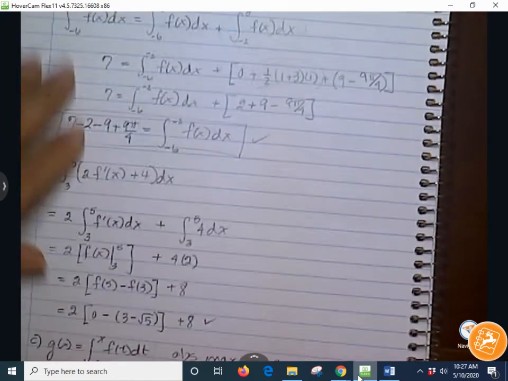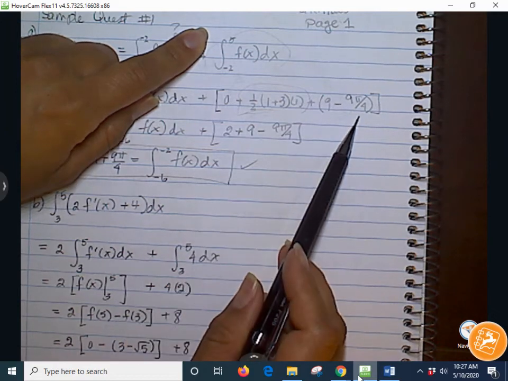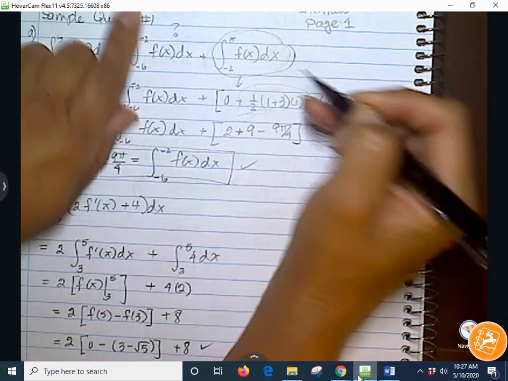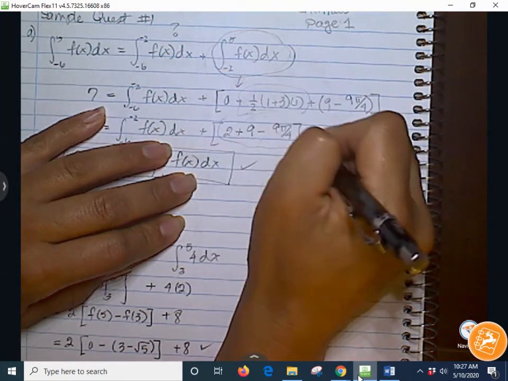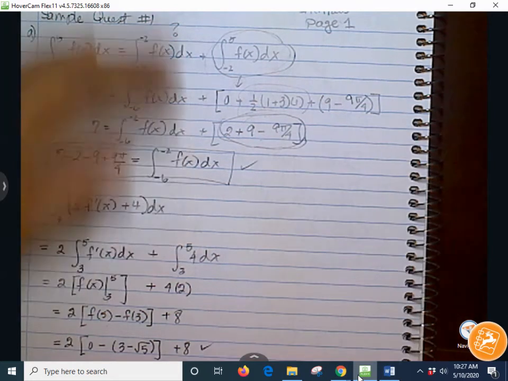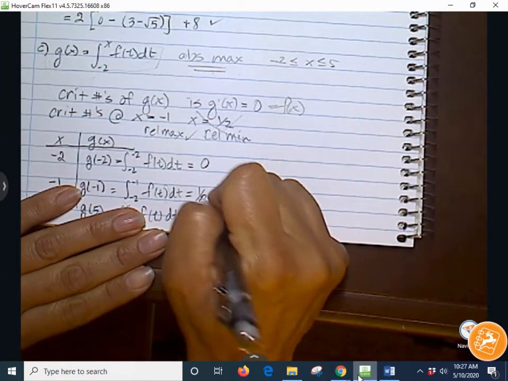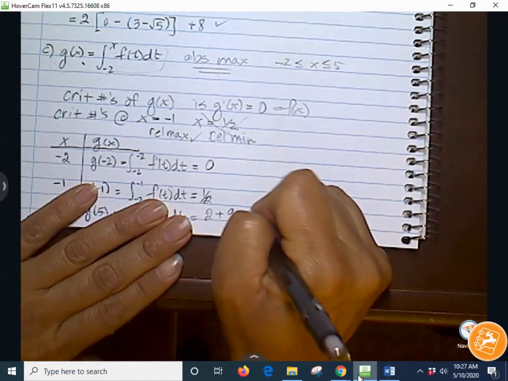Here it is. Negative 2 to 5. You don't have to re-show all of this. You can use your earlier answer, especially since I've already labeled this to be the area of that. So that means it's this guy right here. So I'm going to go 2 plus 9 minus 9 pi over 4. 2 plus 9, oh no, I forgot it. Minus 9 pi over 4.